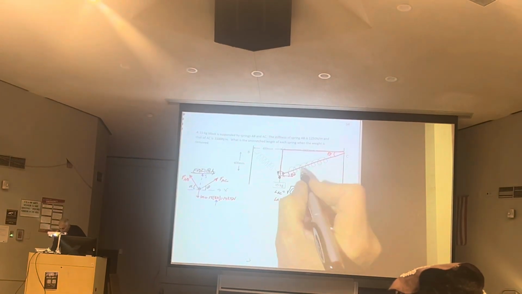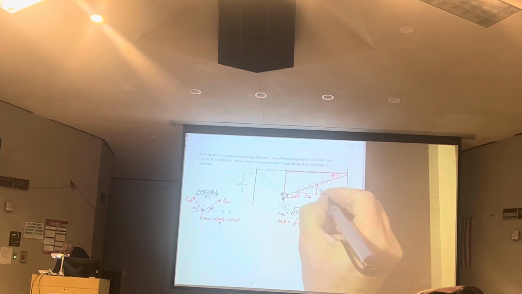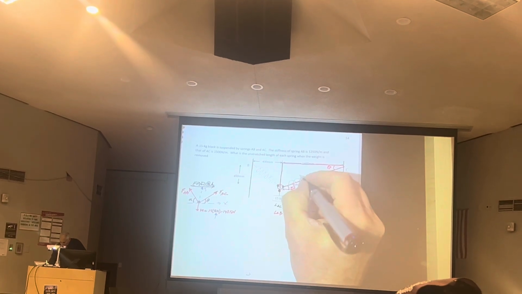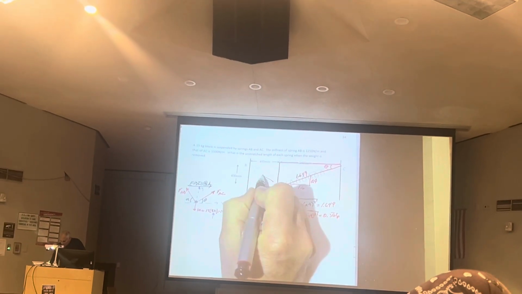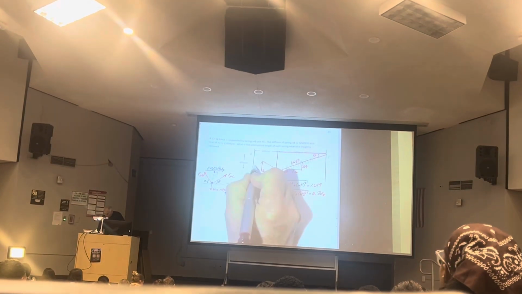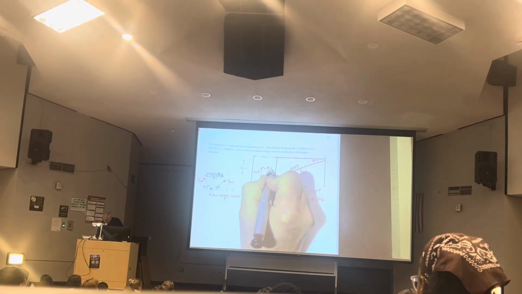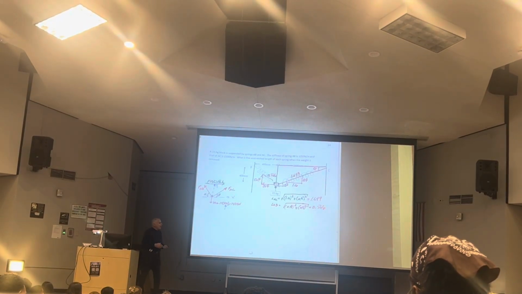So what I'm saying to you is this is going to be 1.6, 0.4, and 1.649. This is going to be 0.4, 0.4, 0.566. Now, could I find the angle? Yeah.